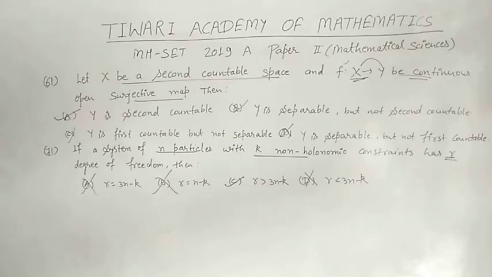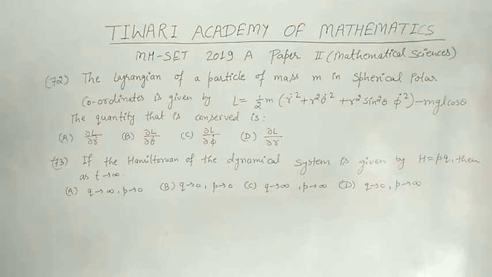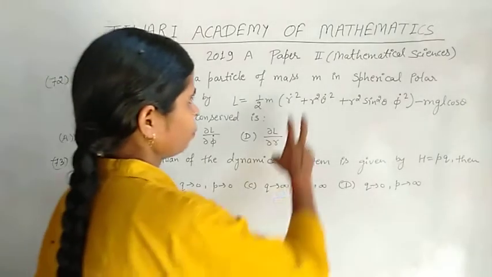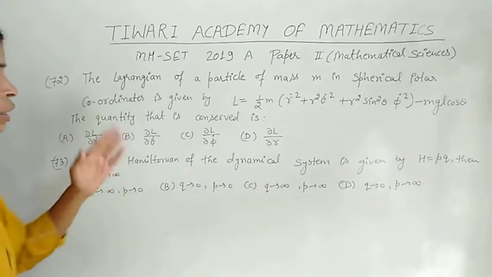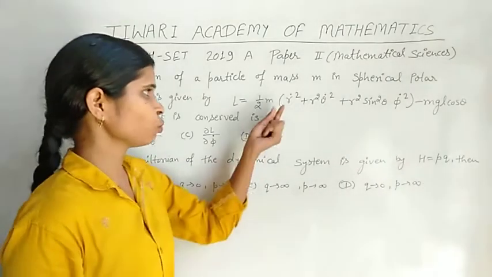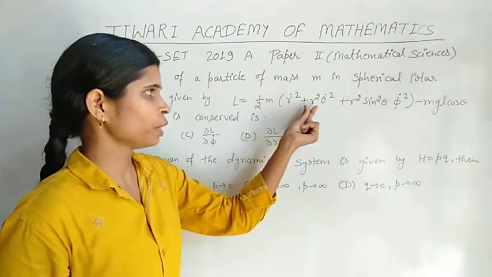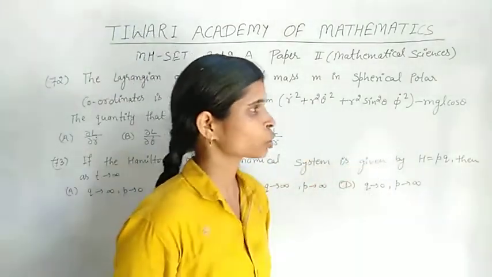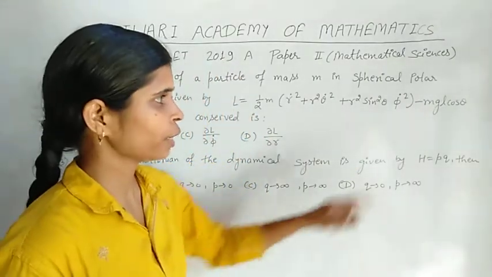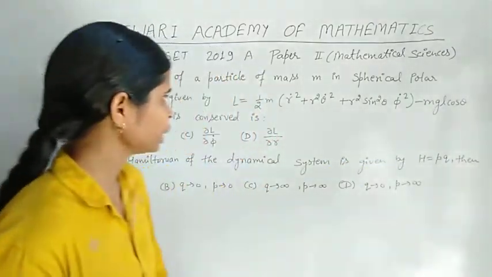See the statement of question number 72. The Lagrangian of a particle of mass m in spherical polar coordinates is given by L equals 1/2 m (r dot squared plus r squared theta dot squared plus r squared sin squared theta phi dot squared) minus mgl cos theta.